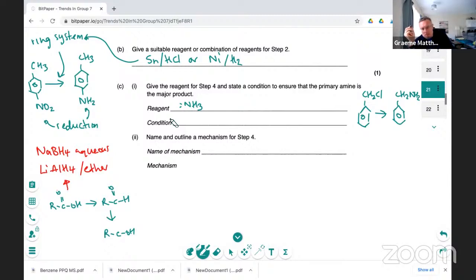You got to be careful about the product. You can generate the primary amine, the secondary, the tertiary amine, or the quaternary salt.